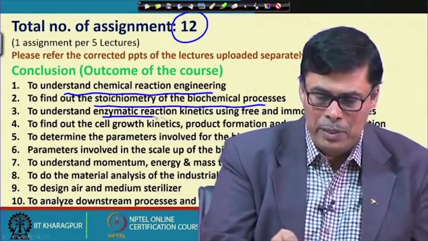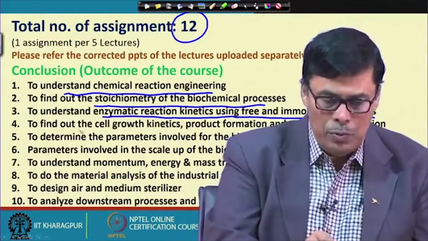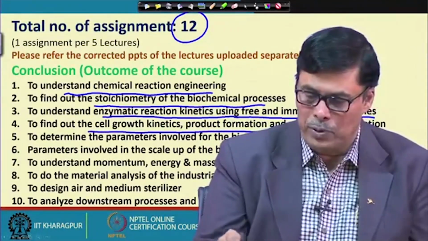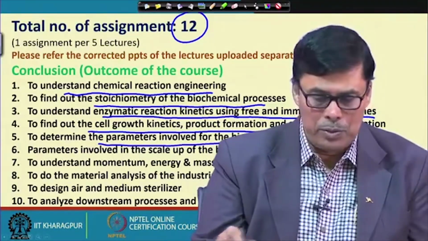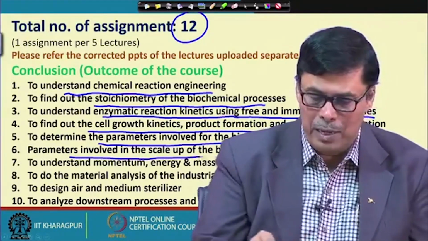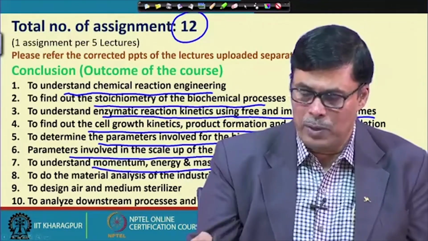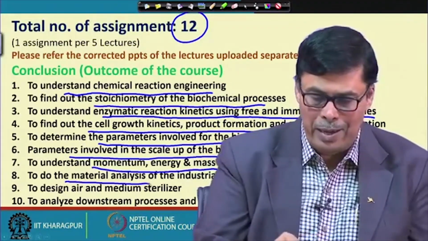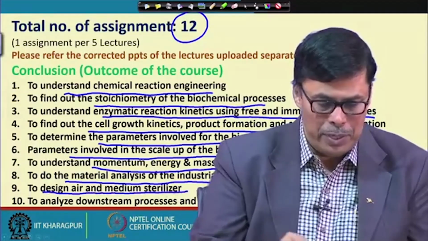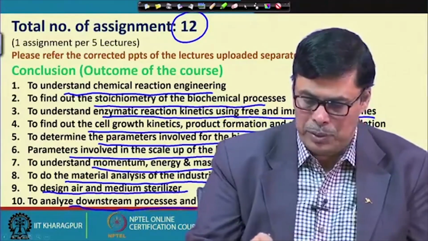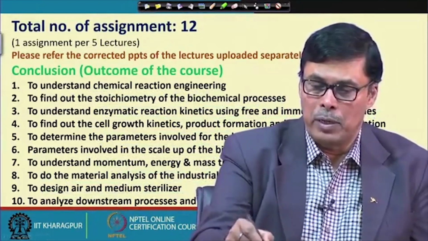To understand the enzymatic reaction kinetics using free and immobilized enzyme, and then to find out the cell growth kinetics, product formation and substrate degradation, to determine the parameters involved for bioprocess design and for scale up of the bioreactor, to understand momentum, energy and mass transport involved in bioprocesses, to do material analysis of industrial fermentation processes, to design air and medium sterilization, to analyze the downstream processes and also the economics of the bioprocess. These are the outcomes of this particular course.